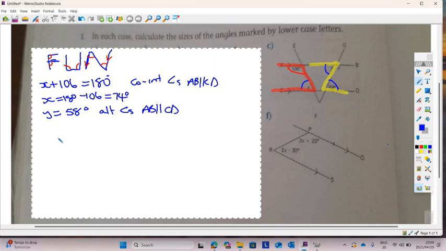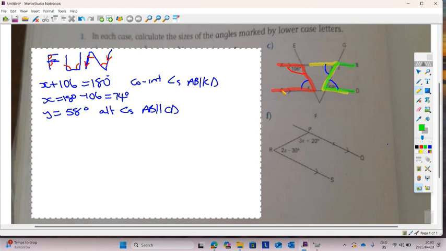And then the third one, let me use this color there. The third one, we have Z here. It's up to you to make use of angles on a straight line or to make use of co-interior angles. We can make use of co-interior angles here. There we are.